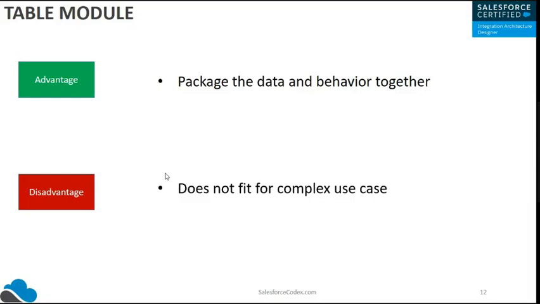Can we use the same product in an educational system? Can we use the same product in a software system? No, we cannot, because we have added all those business logic in the same class, which may not be utilized by other domains, like real estate or a banking system. Those will not work. So this is one disadvantage where it will not fit.